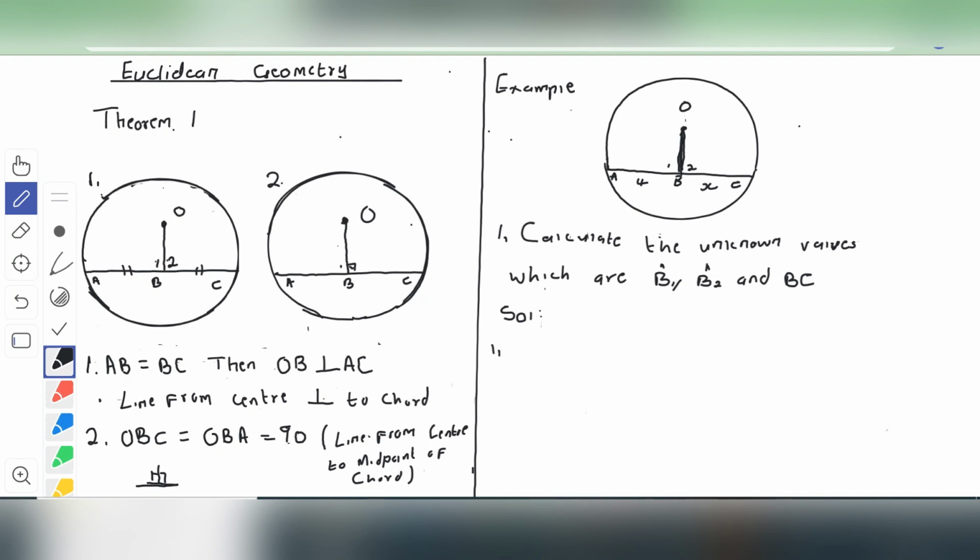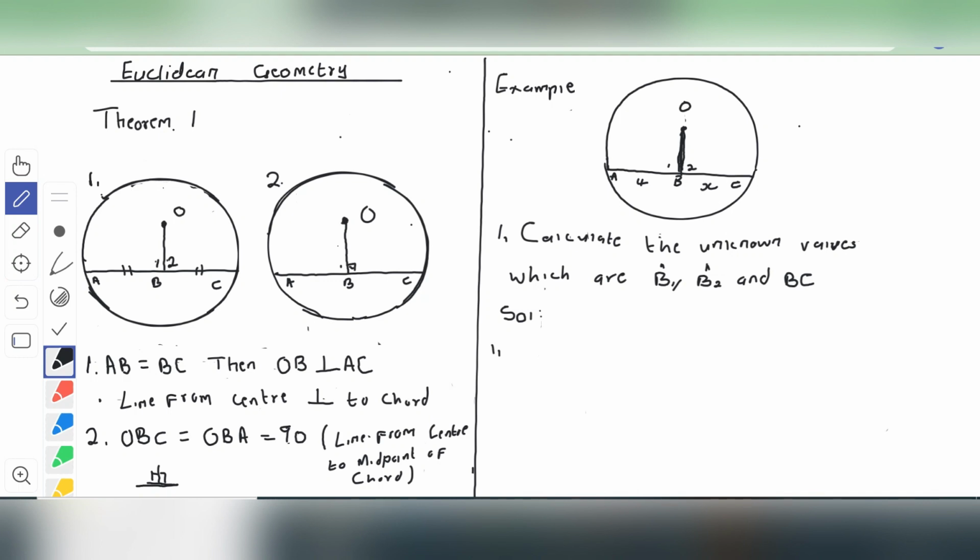So you just have to check whether you have a line from this theorem one. You're going to check, do I have a line drawn from the center which bisects the chord? Yes, I do. We can see that OP is the line which is drawn from the center, and it bisects what? The line APC, which is the chord, right?